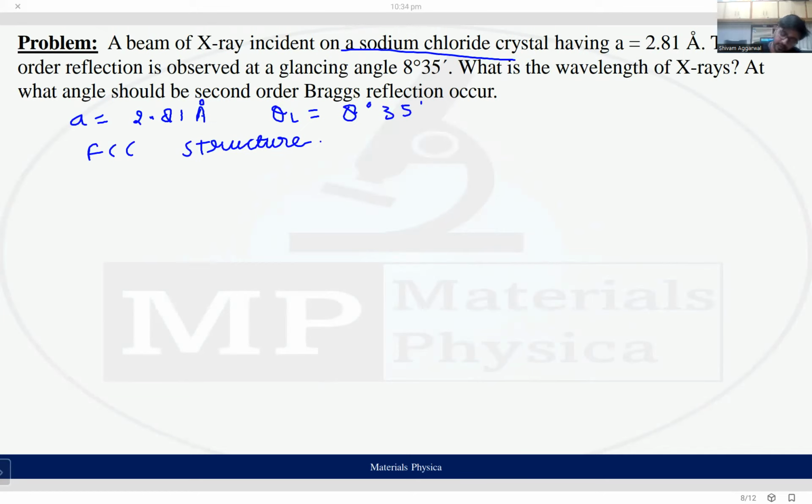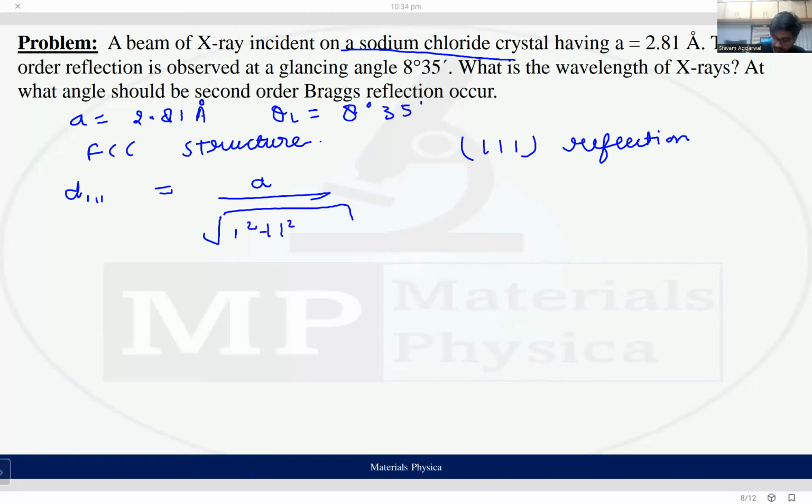We know for an FCC crystal the 111 reflection occurs first, after that 200, then 220, and then 113 reflections occur, as we saw also in the last question. So we will take the value of d111, which is a over under root 1 square plus 1 square plus 1 square, and the value of a is 2.81 over root 3 angstrom. So this is d111.